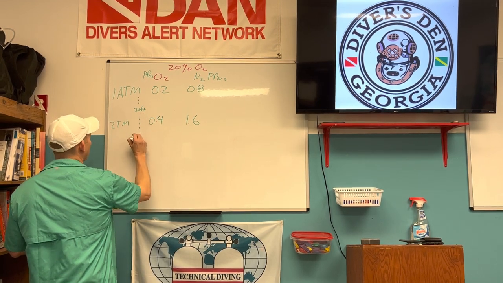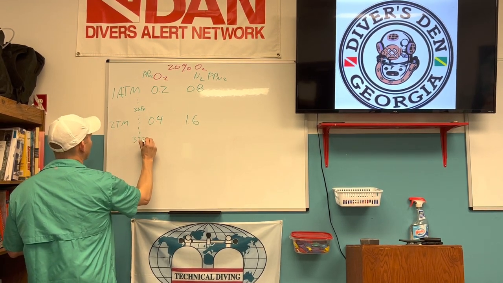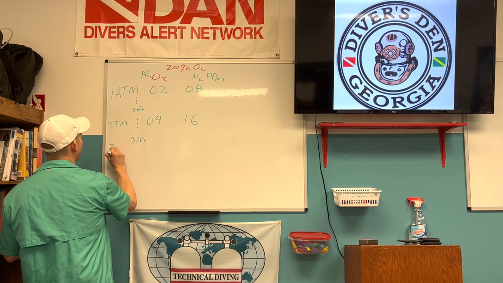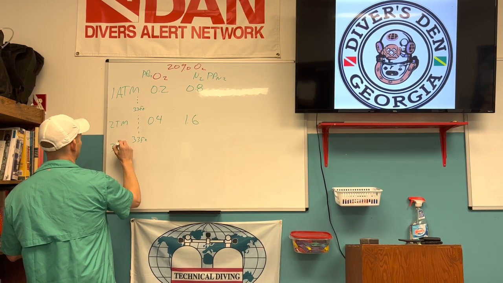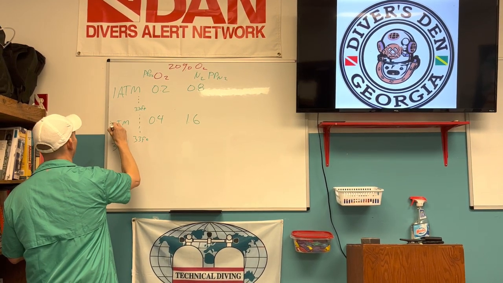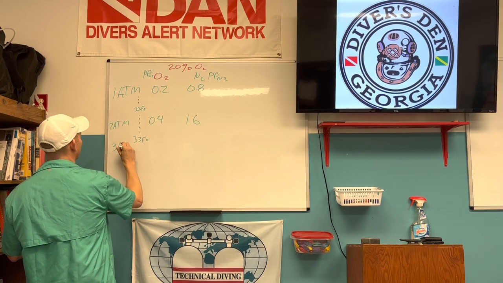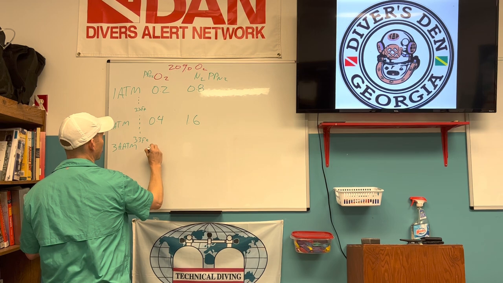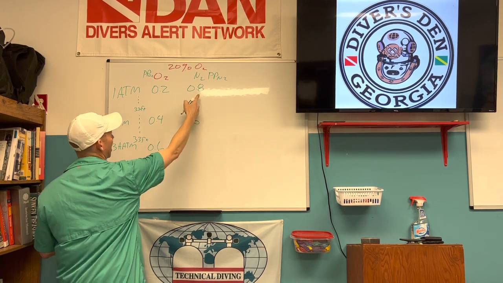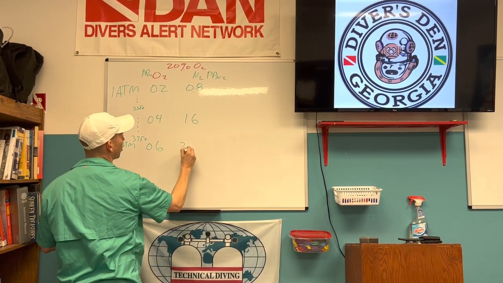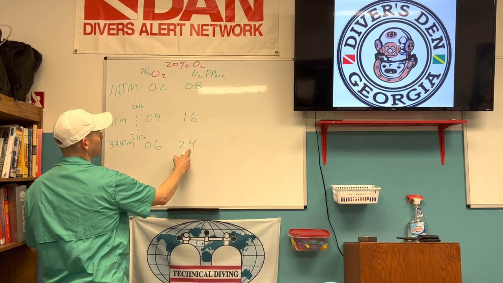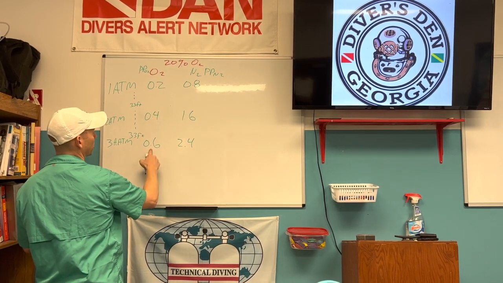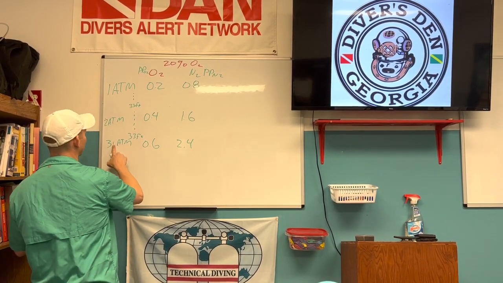It goes down another 33 feet to 66 feet, or 3 atmospheres. It's going to add another 0.2, so 0.6. It's going to add another 0.8, so 2.4. So 2.4 plus 0.6 is 3 atmospheres.